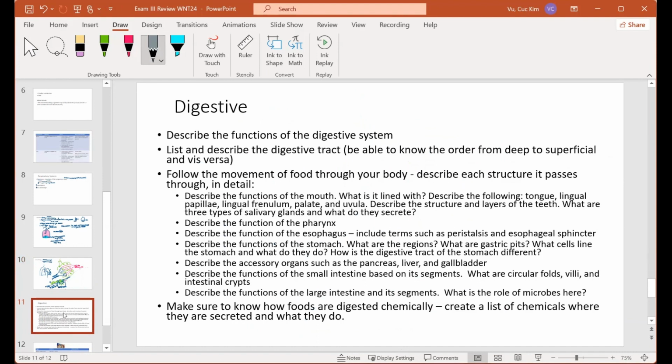All right, so for the digestive, you want to make sure that you know the function of the digestive system. Let's just quickly list off some functions. What are the functions of the digestive system? It all starts out with what? Yes, ingestion.